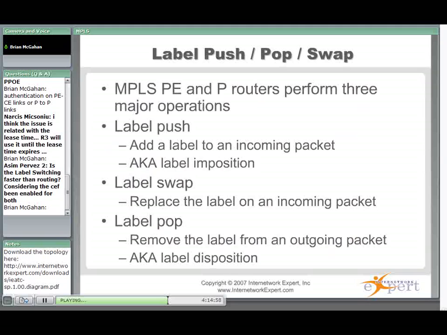They don't care what the IP version 4 destination is. They're going to switch it based on the labels, not route it based on the IP version 4 destinations.